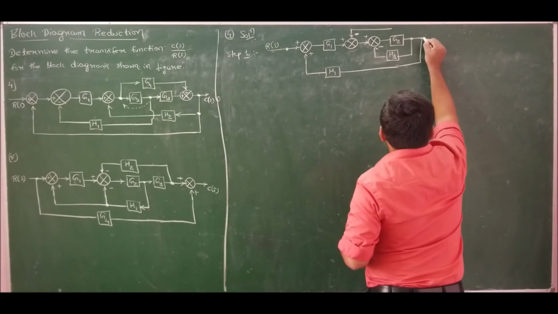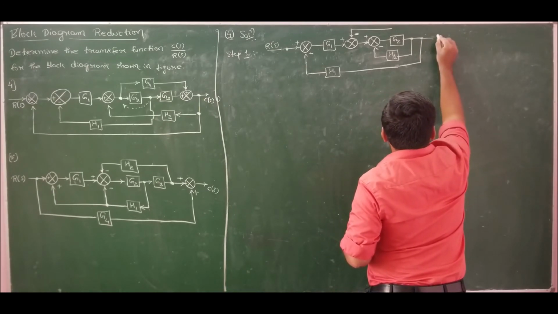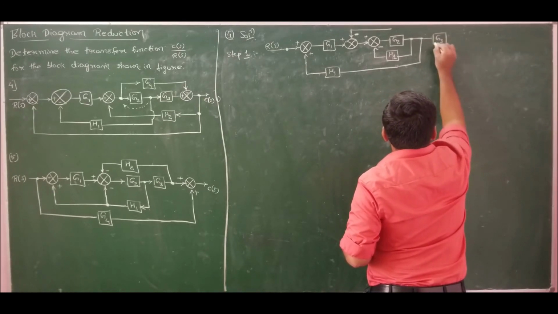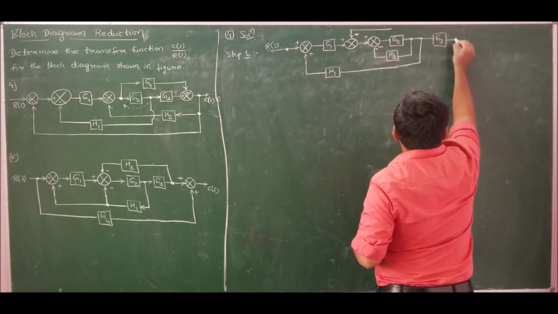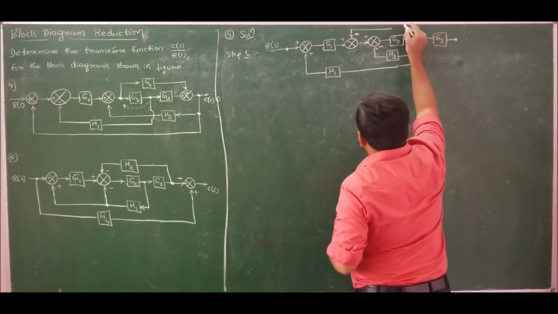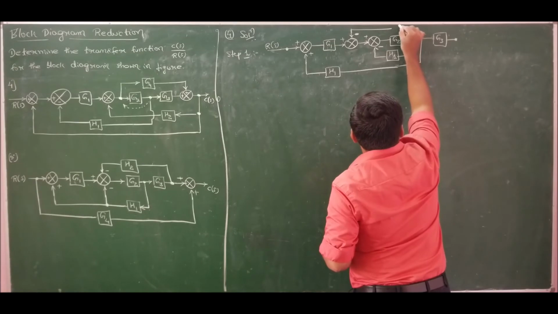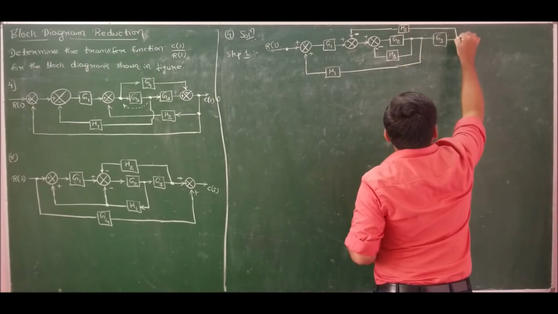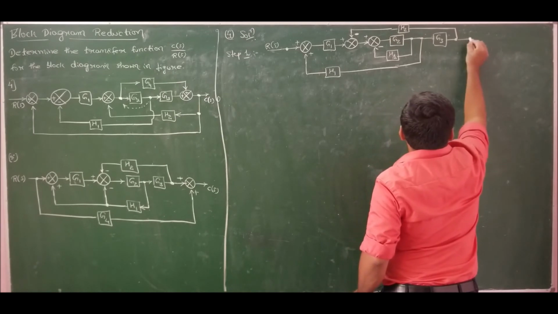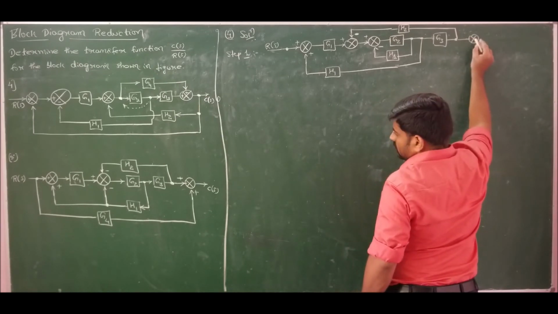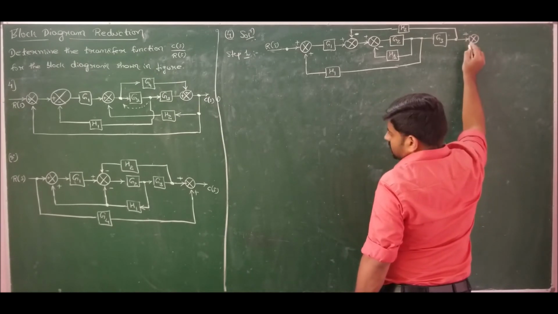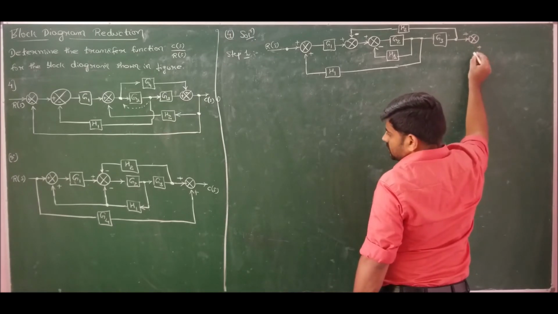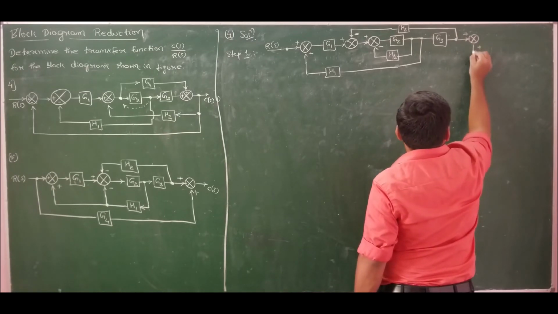And after g3, we have one takeoff to h2, that is negative h2 feedback, done. And then we have one summing point with plus and plus, g4.